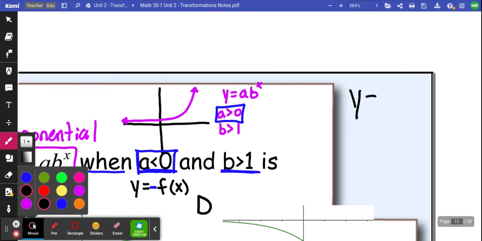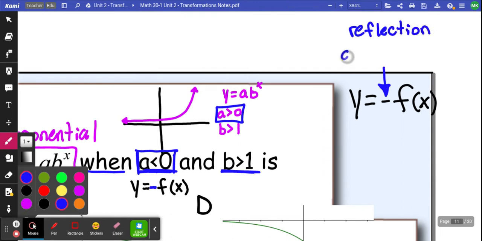If you have something like this, your function but negative, that represents a reflection about one of the axes, either the x-axis or the y-axis. About the x-axis. Good job. All right, that's what a negative in front of your function does.